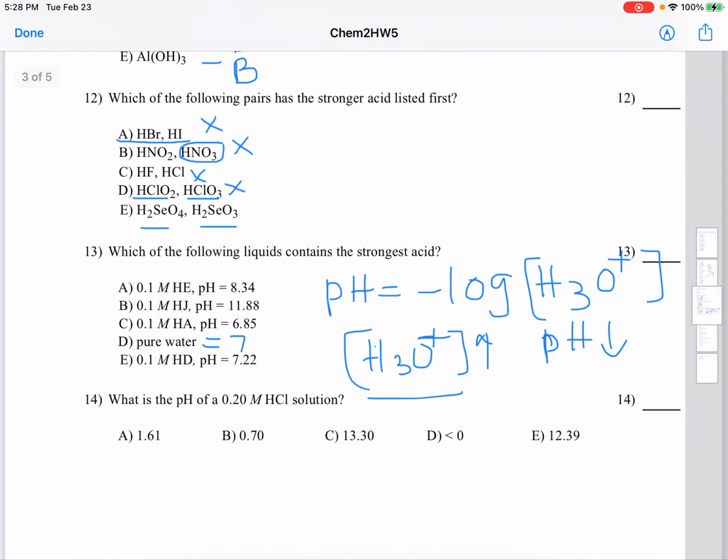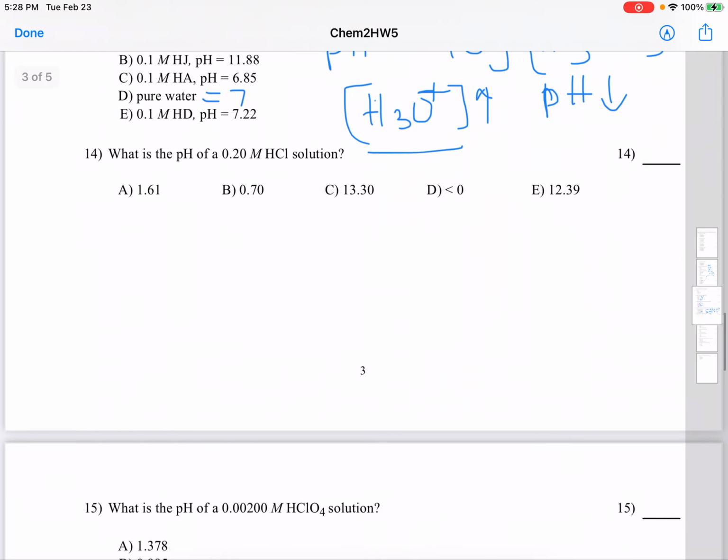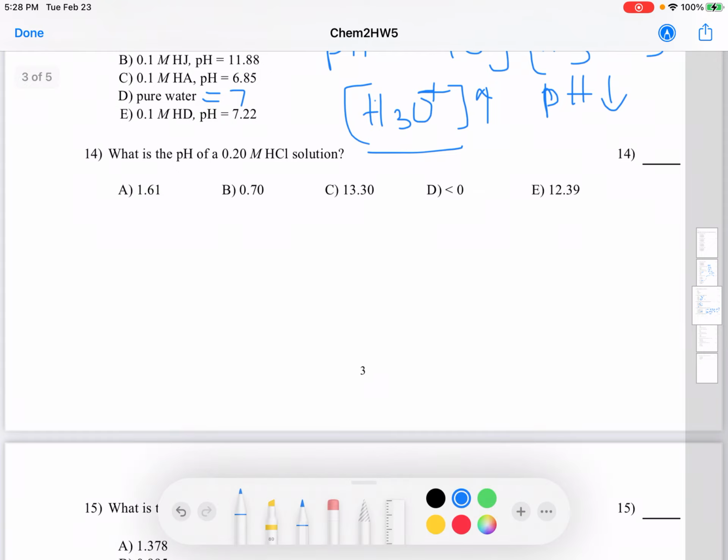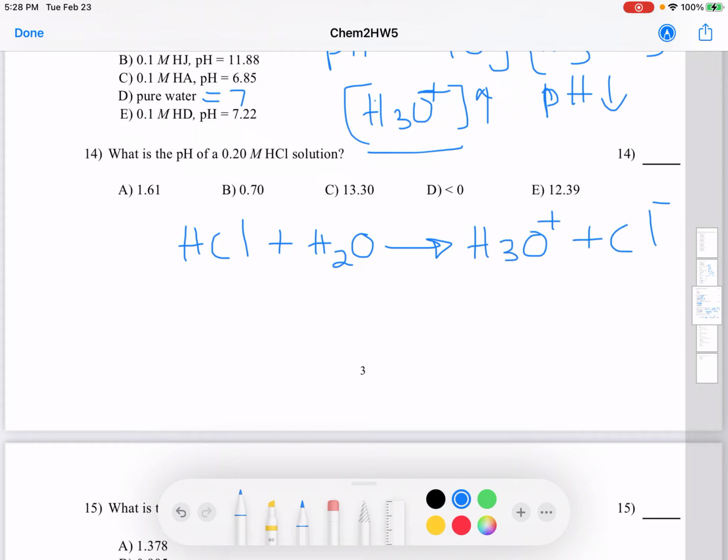And then the next one, what is the pH of 0.2 molar hydrochloric acid? Now HCl, is it a strong acid or a weak acid? It's a strong acid. So in water, it dissociates completely, and we don't even have to write the equilibrium arrow because it completely dissociates into ions, giving you hydronium ions and chloride ions.